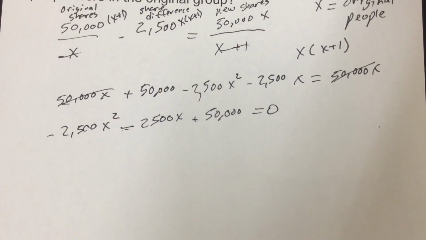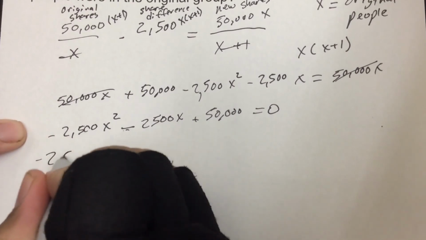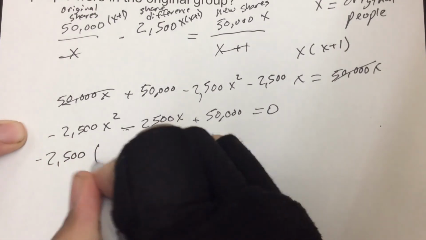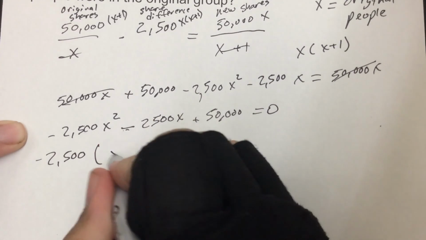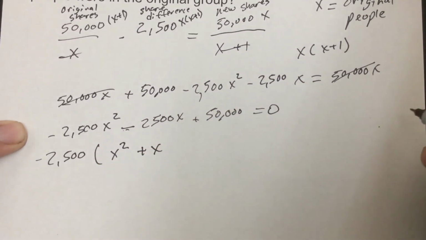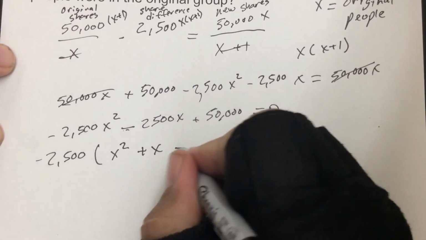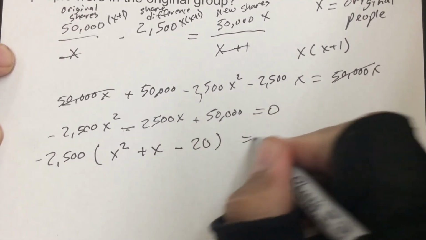Something that we've solved many times. The first thing we always do is look for, do we have a common factor? Well, we do. We can pull 2,500 out of each of these, and we're going to pull a negative 2,500 out. So we'd be left with a positive X squared, a plus X, and there's going to be minus 20 for the last one, equaling 0.